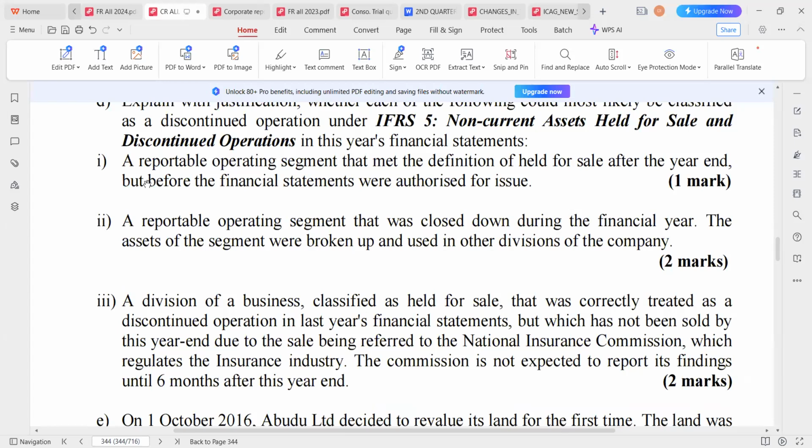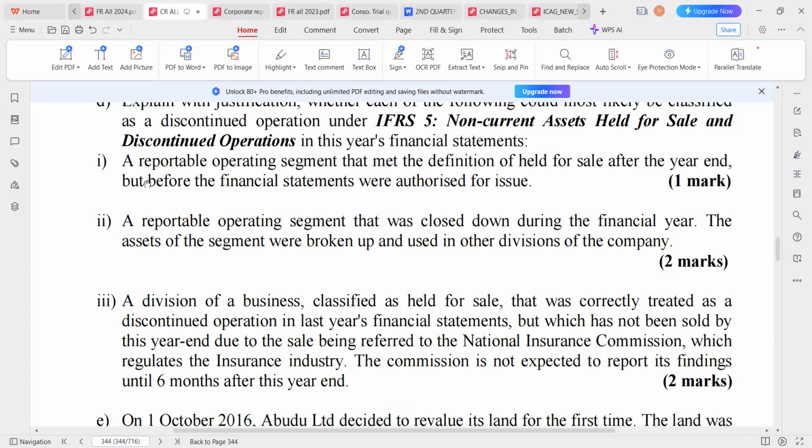Sir, please, no. Why? Because the assets from the operating segment are still being used by other divisions of the same company.